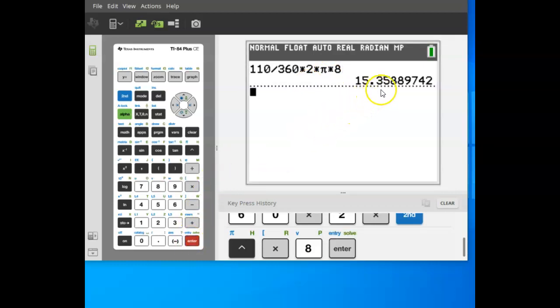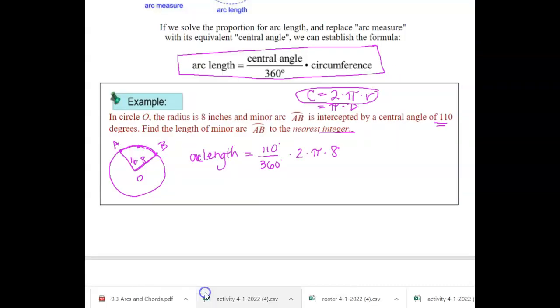I got 15.35. It says to the nearest integer, so we're going to round down. So we want 15 inches.